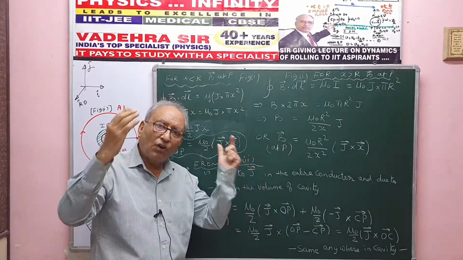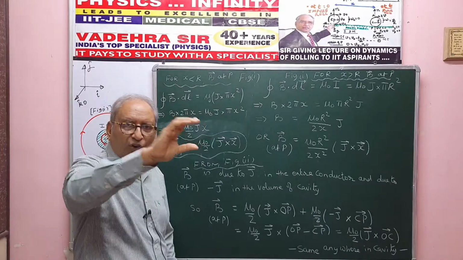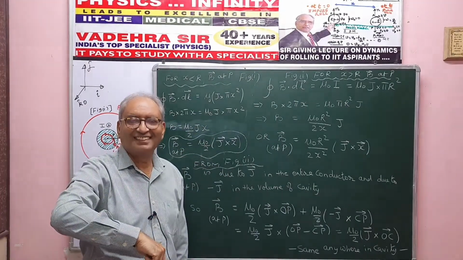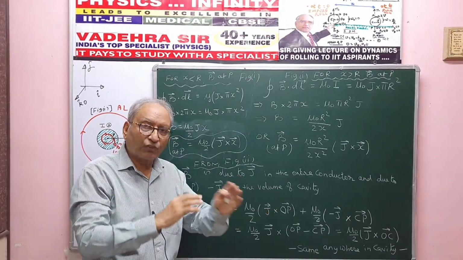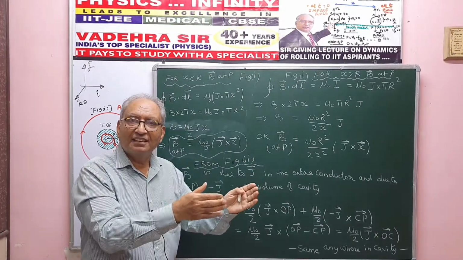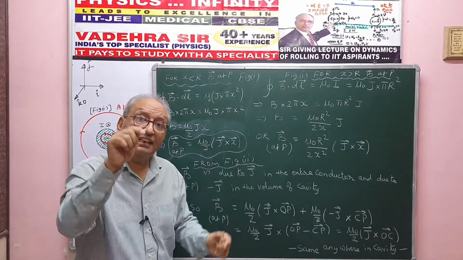Just like in all the cavity problems, here also I'll take the hollow pipe as a wire of negative current density, and then I take the contribution from the wire, from the pipe, superposition principle, and I get the resultant field at a point inside the cavity.